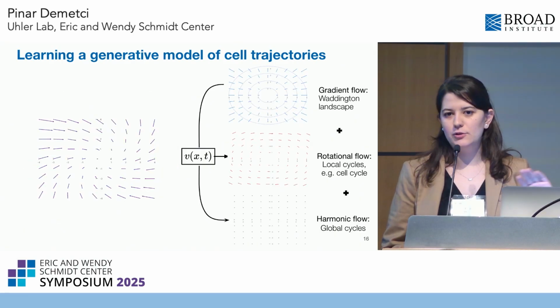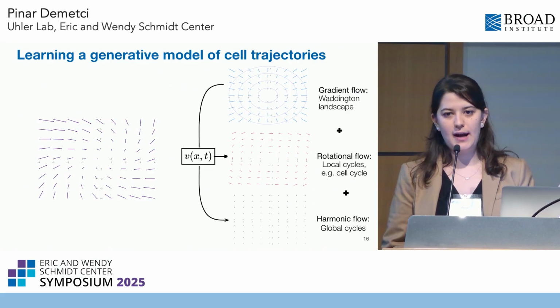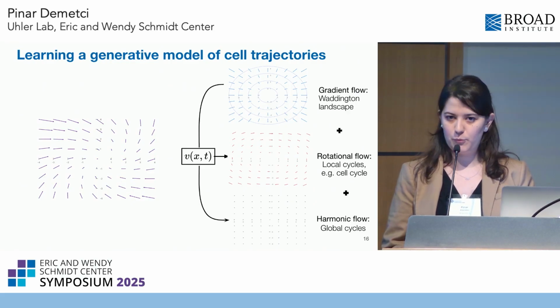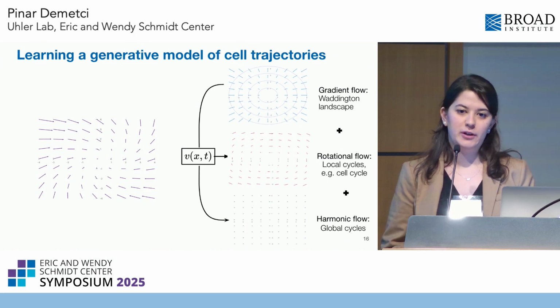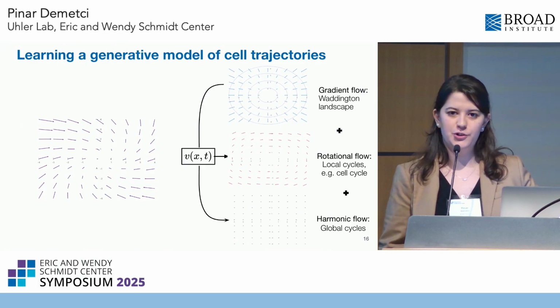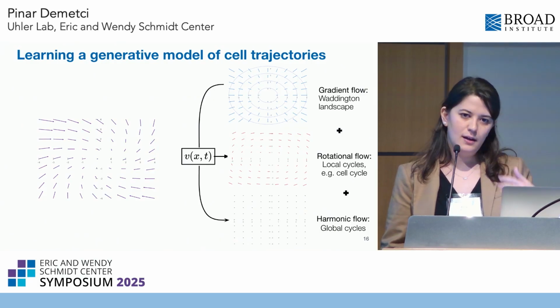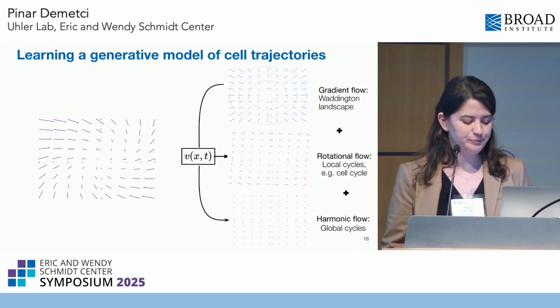The gradient flow has no curls at all. So this is basically cells being attracted to a specific point, and that describes the Waddington landscape, if you're familiar with the notion of marbles rolling down a hill to reach a final state along a potential landscape of differentiation.